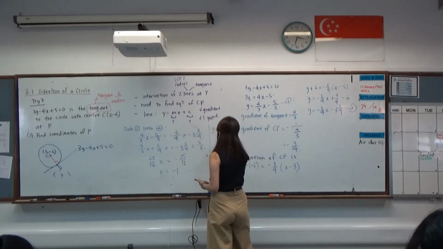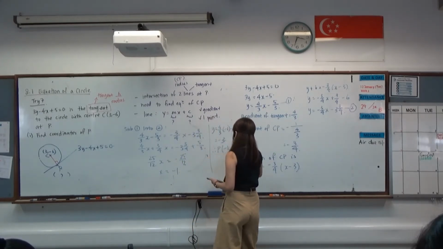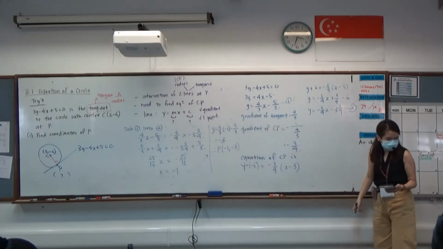So therefore P has the coordinates negative 1, negative 3.